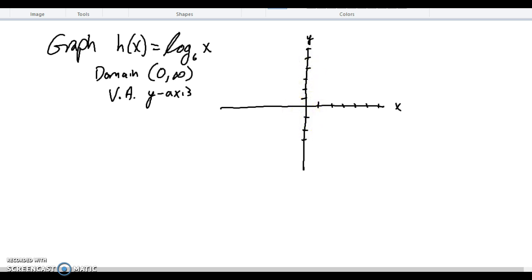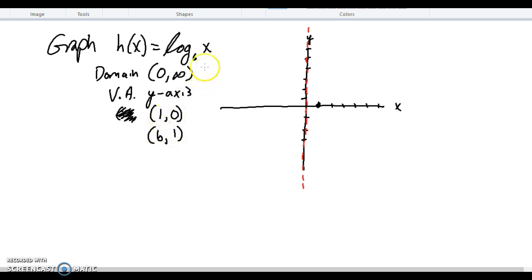Well, I know I've got a vertical asymptote on the y-axis. I know my domain is 0 to infinity, so I don't even really need that negative x-axis there. We know it goes through the point, oops, that's exponential. Exponential goes through 0, 1. So the logarithm goes through 1, 0. Then I claim it goes through 6, 1.